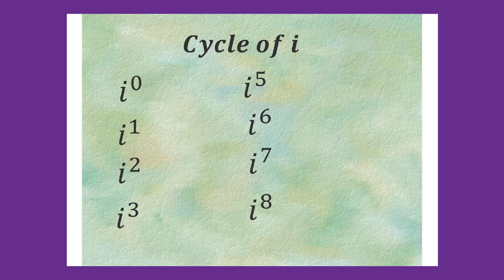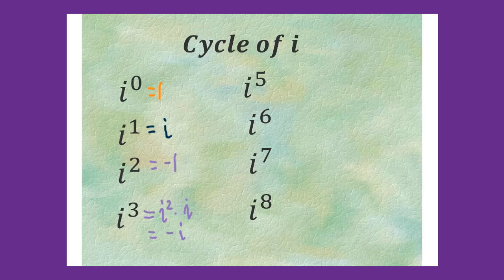Let's talk about the cycle of i. i to the 0 power definitely equals 1. i to the 1st power is i. i squared equals negative 1. For i to the 3rd power, I can write i squared times i. Therefore, you will get negative i.